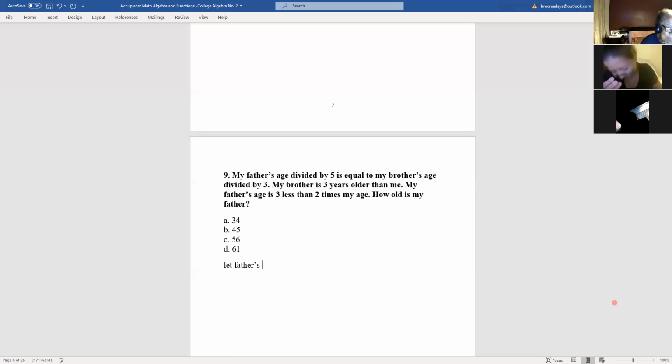That's how you have to write it out. Let father's age be, what do you want to let that be? Latoya, what are you gonna let? X. Yeah, okay. What's your brother's age? Let brother's age be, what do you want to let that be equal to?